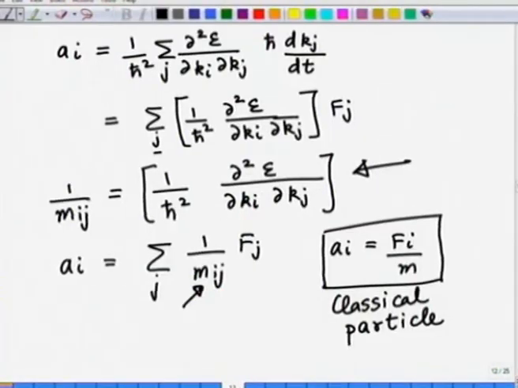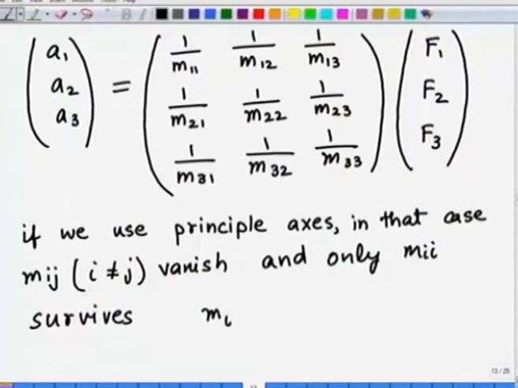So, if I choose the axis such that only the diagonal elements survive, in that case I can write, and in fact let me put a star in here to denote that this is not necessarily the electron's mass, but it essentially represents an effective mass.